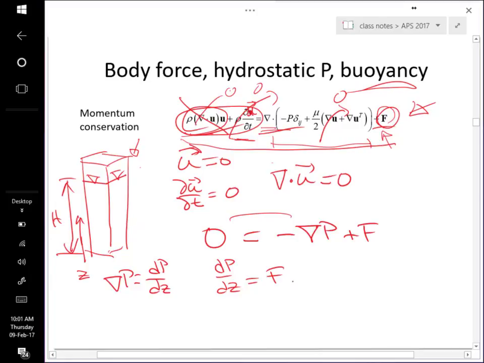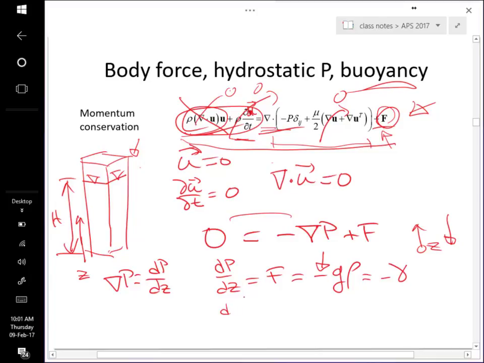And that will be minus g times the density. So g is gravity, the fluid density. The minus sign is because z is up, and we want this to act in the downwards direction. Okay? Or we can also write it just minus gamma, minus the unit weight of the fluid.